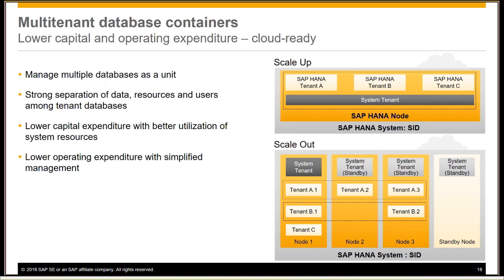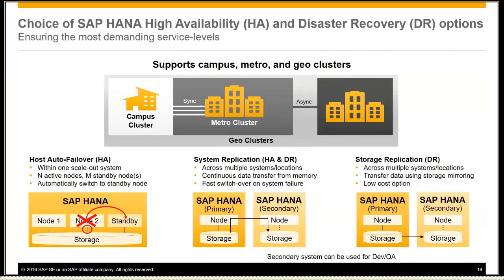It's all possible. Okay. And from the data center readiness point of view, it does support system replication and disaster recovery. So it is basically data synchronization, both at the log level as well as at the data layer level. So today you can also have geo clusters.